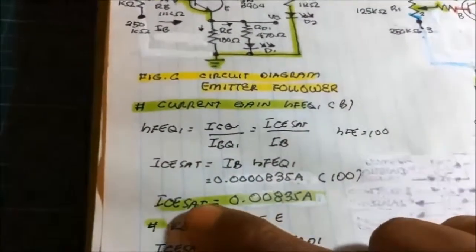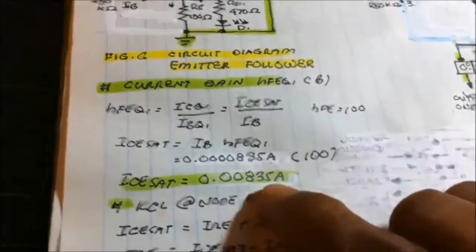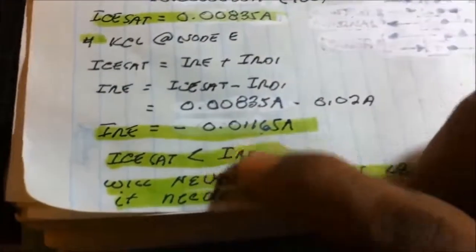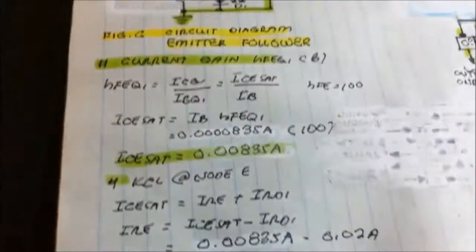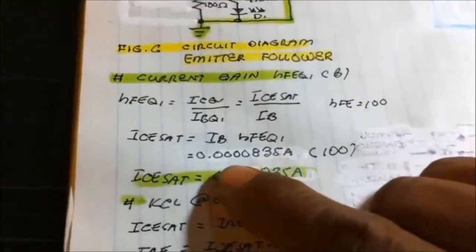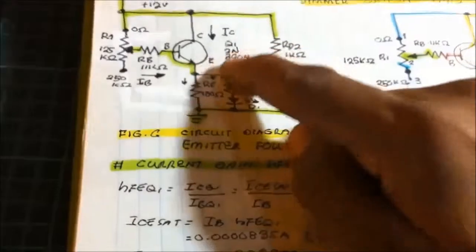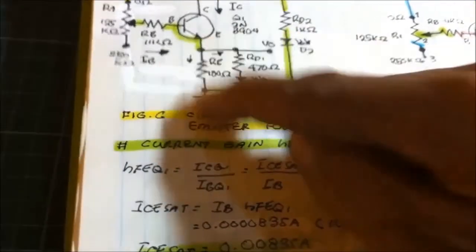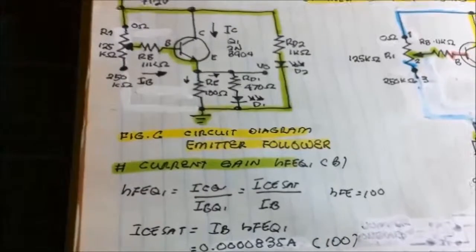The supply current to the load is 0.008 ampere, but the LED needs 0.02 ampere to turn on. This is only 0.00835 ampere. That is not enough to turn on the LED, but there is still a very small current flow.